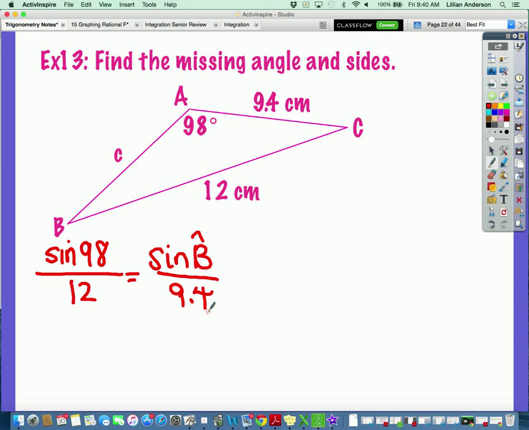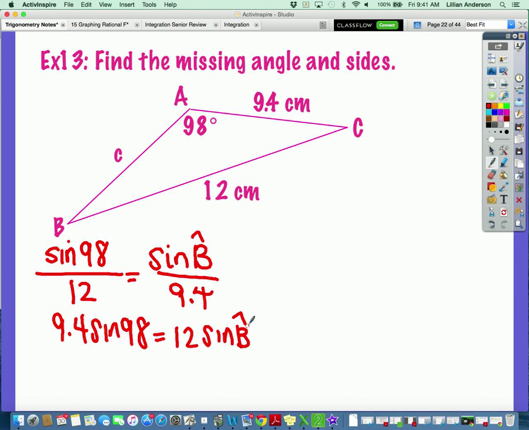So I'm looking for a side or an angle here. You're looking for an angle, and whenever you're looking for an angle, are you going to use the regular sine or are you going to use the inverse of sine? Inverse. So to solve this, we cross multiply. 9.4 sine of 98 equals 12 sine of angle B.